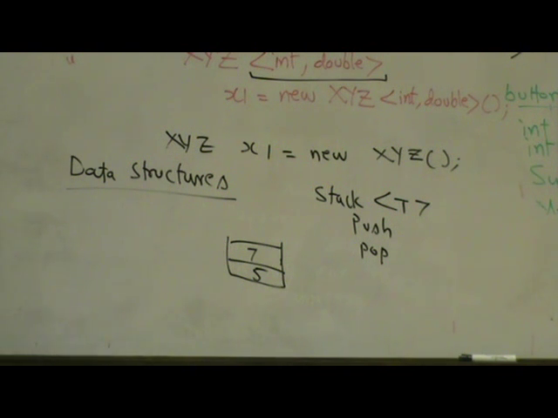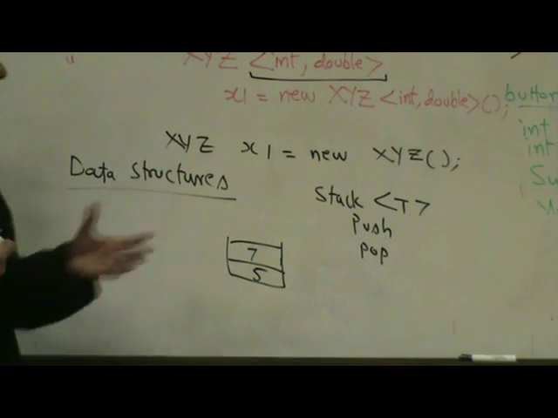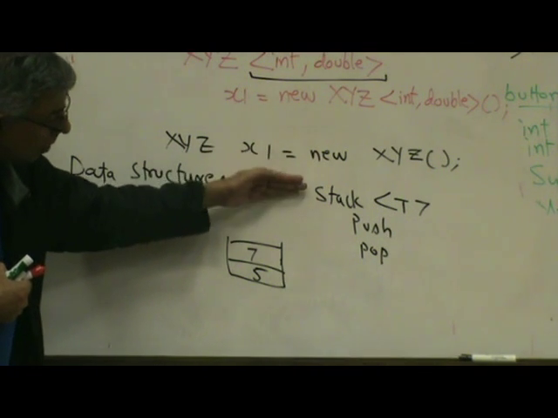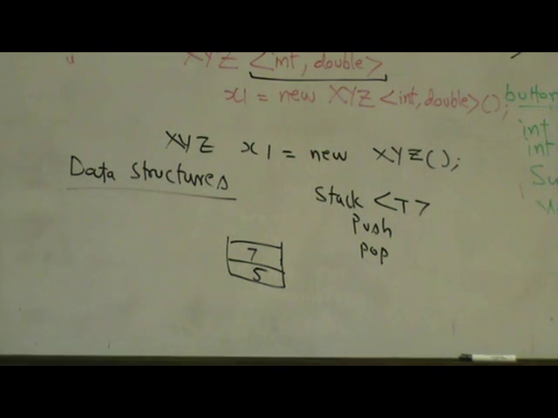Same thing for queues, stacks, lists, and so on. The caller can then pick what data type it should be, and so we don't have to keep copying the class and creating another class name for a different data type. So that's the advantage, right?